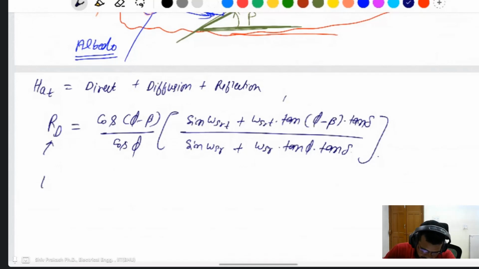And the second factor is the clearness factor. This KT is known as the clearness index.